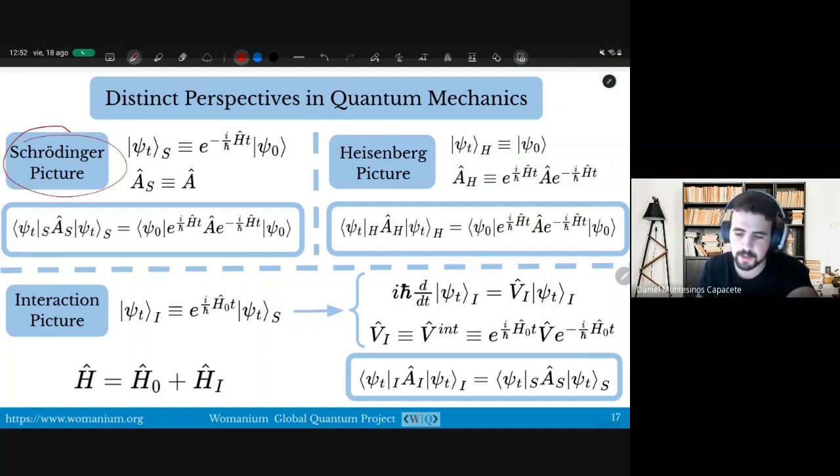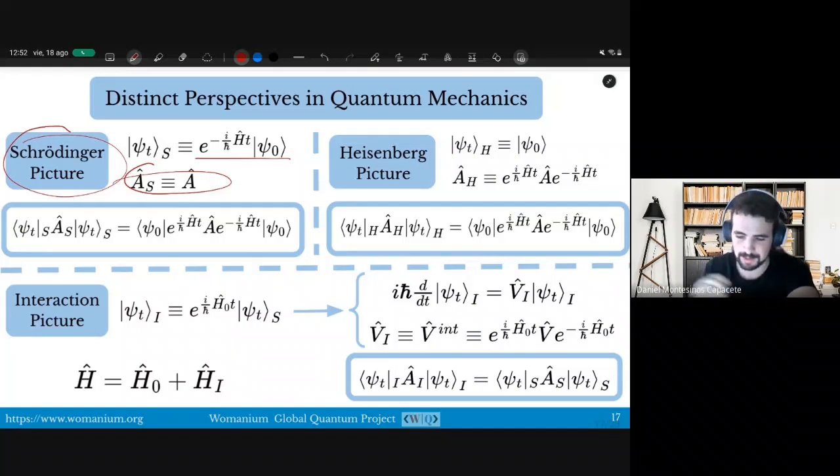So we have the Schrodinger picture, where the time evolution goes into the state vector, and the operator is constant in time. I'm going to explain this very fast, so it's normal if you don't understand. Ask any question now or later on the Discord or at any moment.